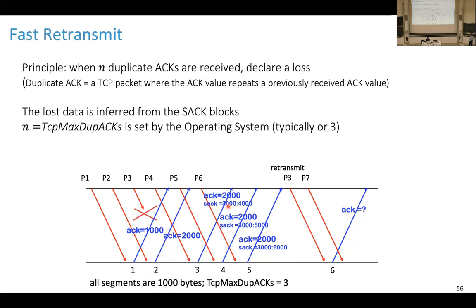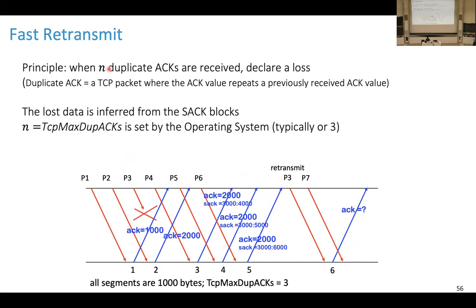But this time, there is a SACK block: here it represents the acknowledgement for packet 4, so it's 4,000, 5,000 is the acknowledgement for packet 5, and 6,000 is the acknowledgement for packet 6. And here you have 3 duplicates in a row.